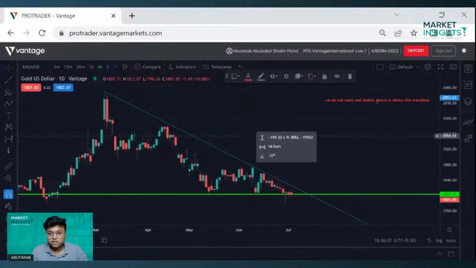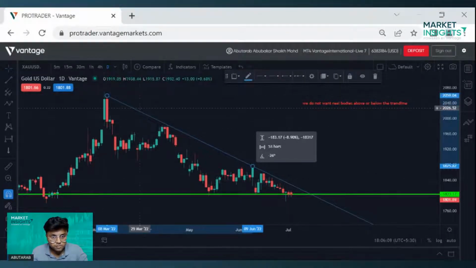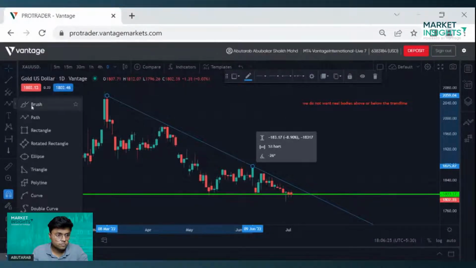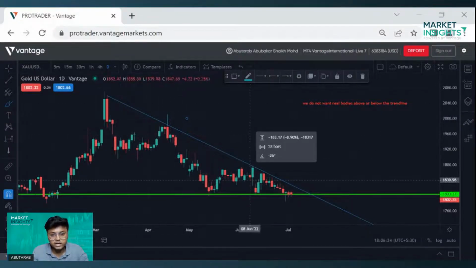If I have got a wick above, if I have touched this one, say for example, and there is a wick of a particular candle, if there was a candle like this here, which went all the way up like this, I could have considered it to be a proper trend line.